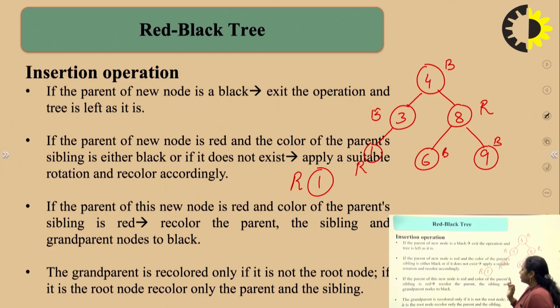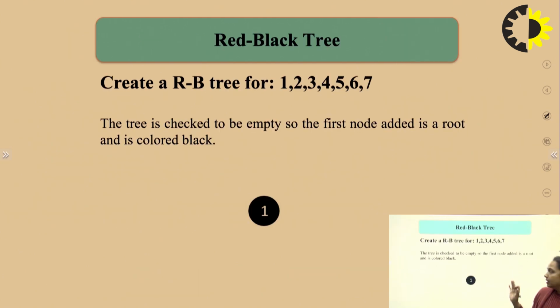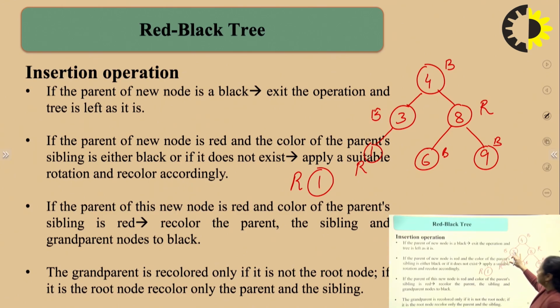Okay, let's discuss this case first. So, the first case is clear, that is, whatever the parent color is, that is black. So in this particular case, is any property of the RB tree violated?